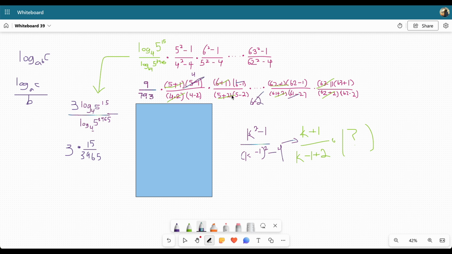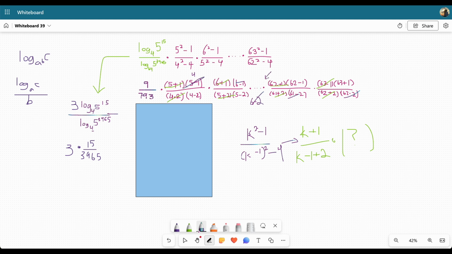But for the same reason, we can cancel all of these, because 62 minus 2 is 60, and we need something minus 1 to be 60, which is 61, which will be somewhere here.